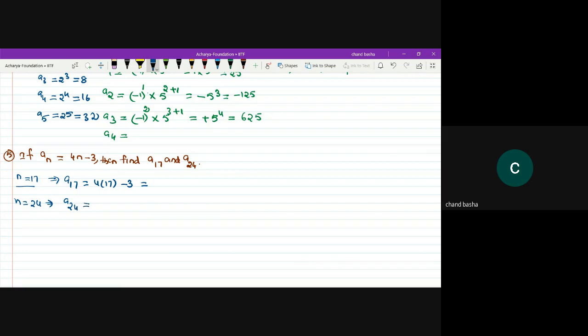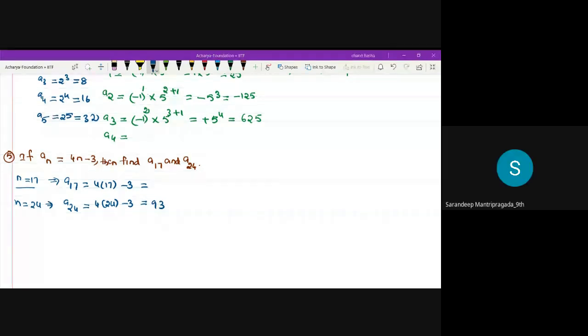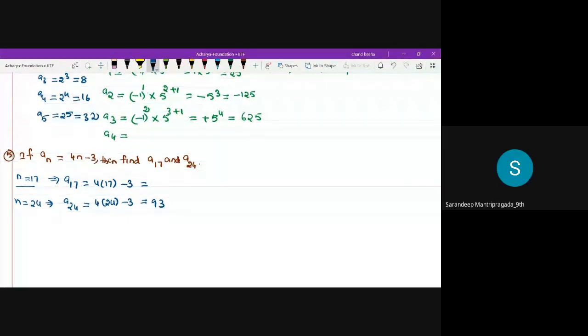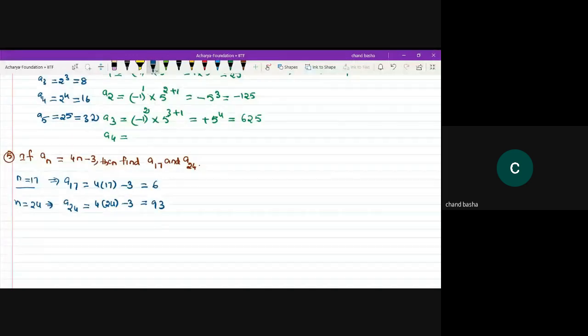You can substitute 4, it is fixed, n value is 24, minus 3. As you said, this value is 93. And what is the first one, a17? 65. Yes, sir, 65.